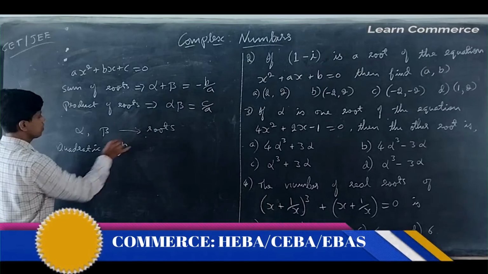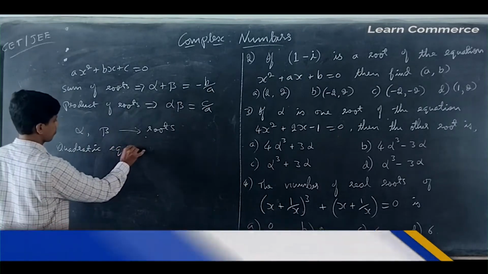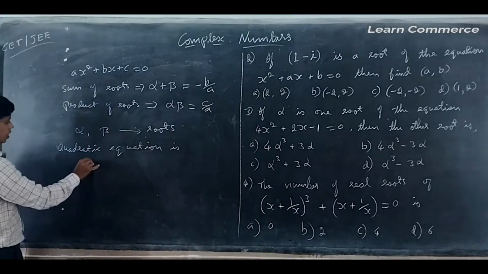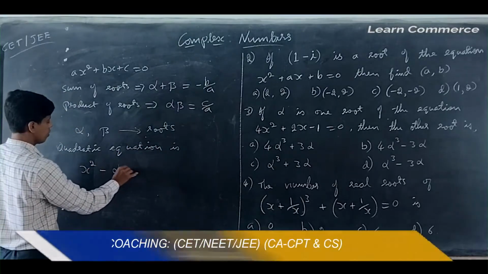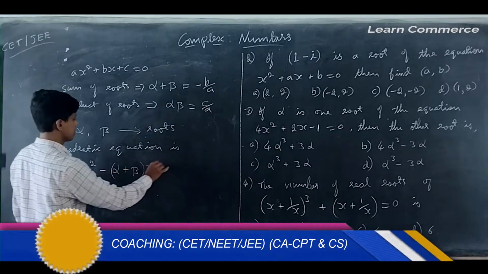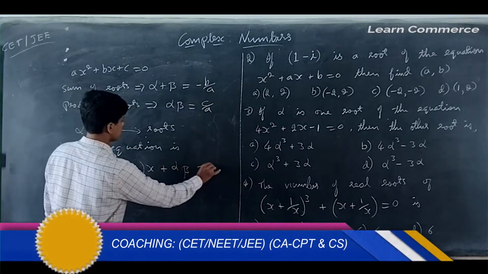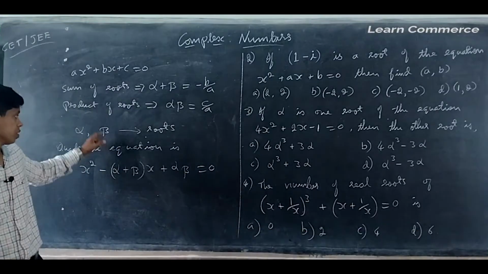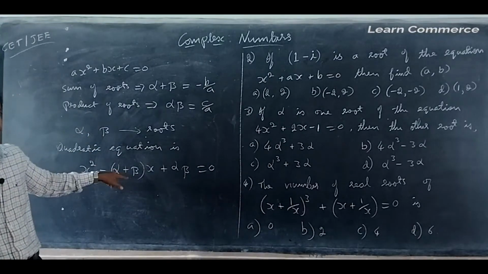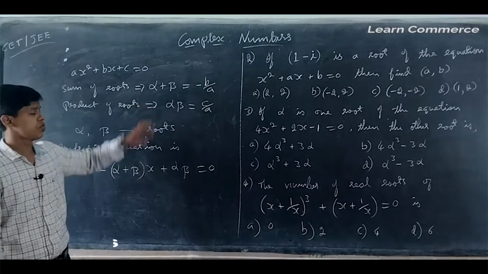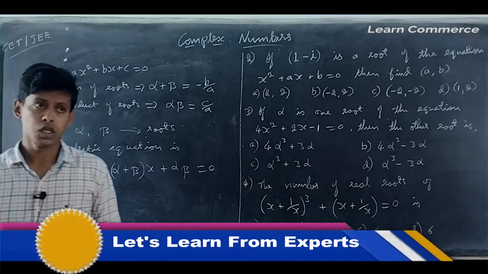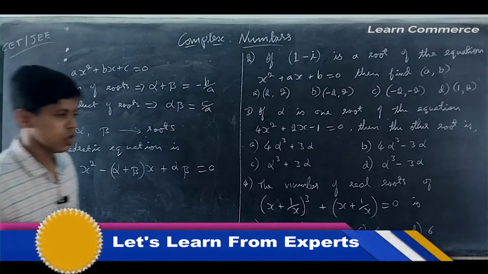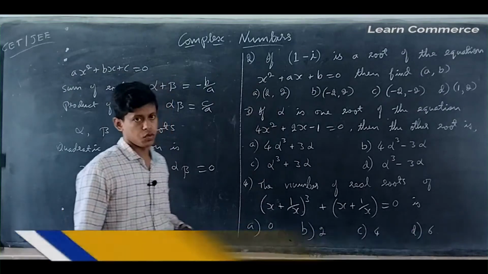Then the quadratic equation is x square minus alpha plus beta into x plus alpha beta is equal to 0. So this formula also you must remember. If the roots are given, you can write the quadratic equation. If the quadratic equation is given, we can find its roots using the sum of the roots and product of the roots formulas. So let's go for the first question.